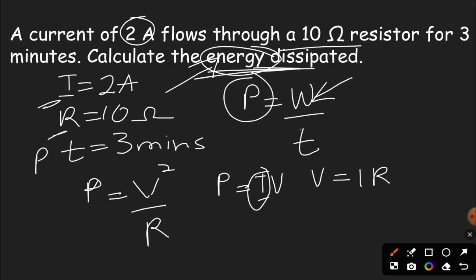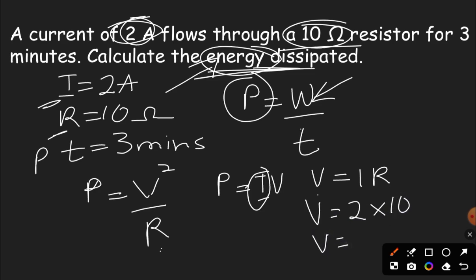We need to be able to connect our current and resistance. We can find our potential difference or voltage. Thus, you connect it to this formula. Our current is 2 ampere. So V equals 2 multiplied by our resistance, which is 10. So our potential difference or voltage is 20 volts.